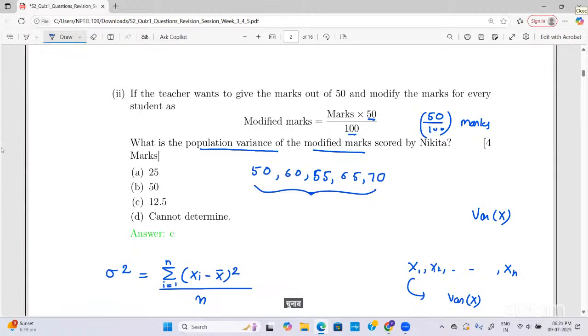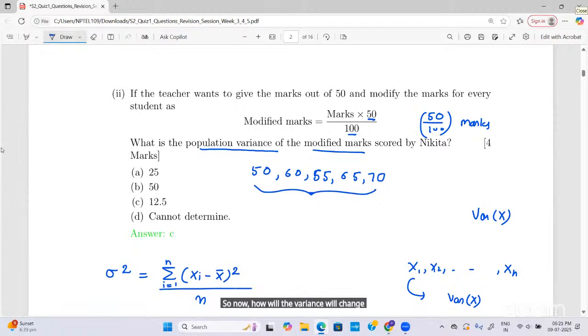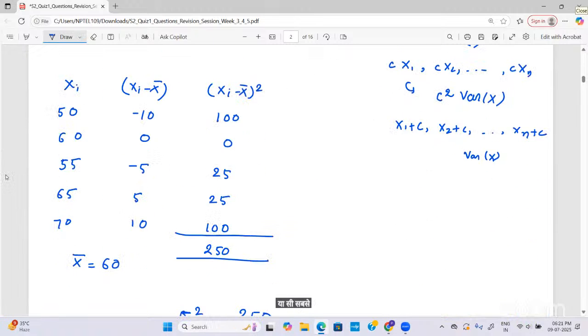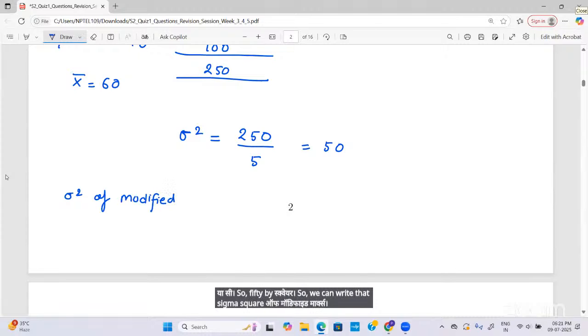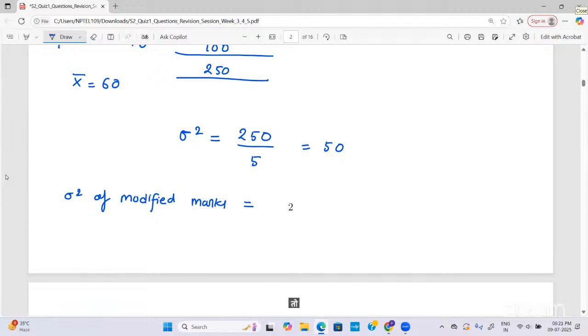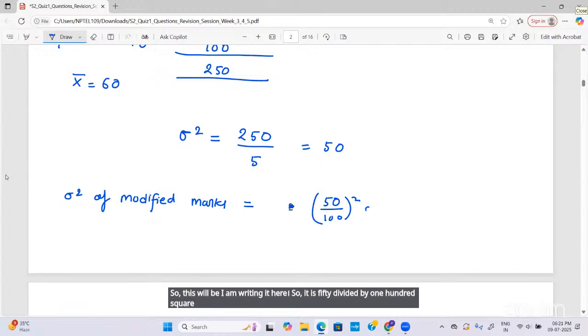So now how will the variance change? What will be the new variance? C square, where C is 50 by 100. So we can write that the sigma square of modified marks is 50 divided by 100 whole square times sigma square.